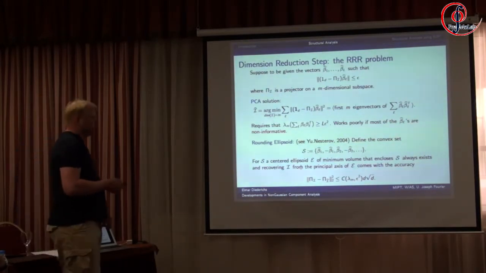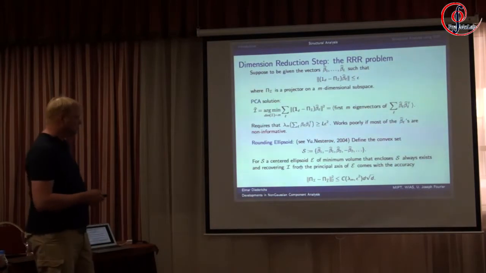A different solution would be to use the Brownian ellipsoid, try to compute it, and the consequence of using the Brownian ellipsoid is that the projector on the target space can be reconstructed up to an error of d times square root of d, and c is a constant only depending on the n-th eigenvalue and the error bound from the first lemma.